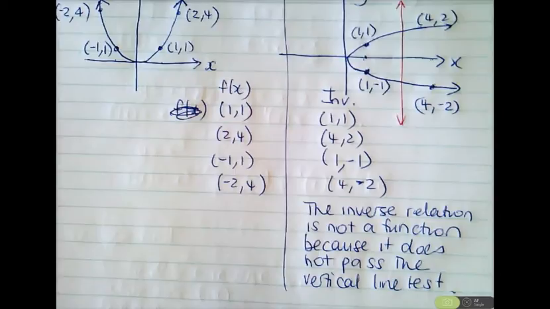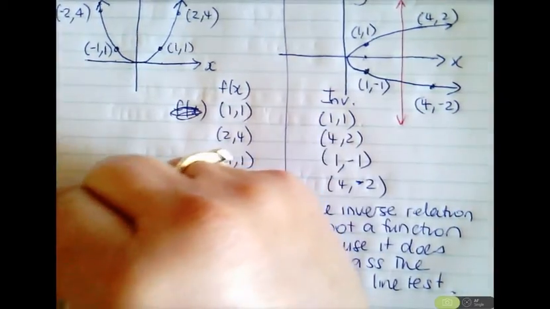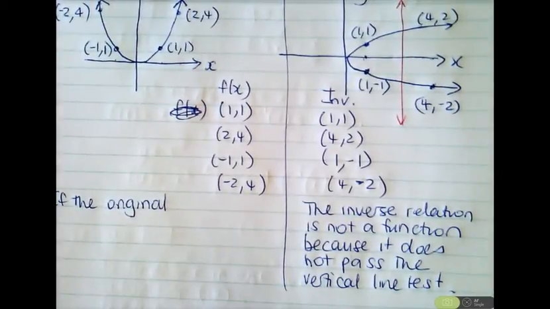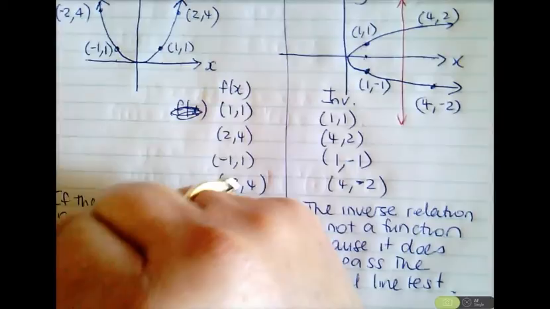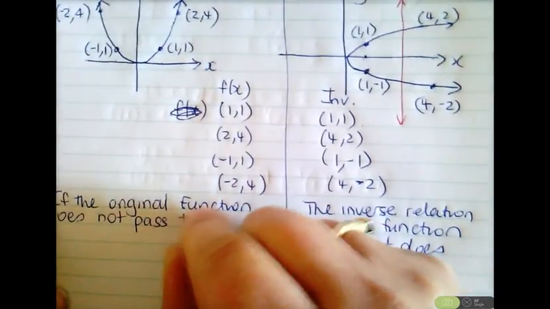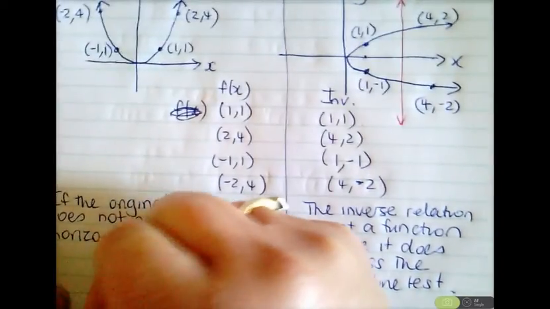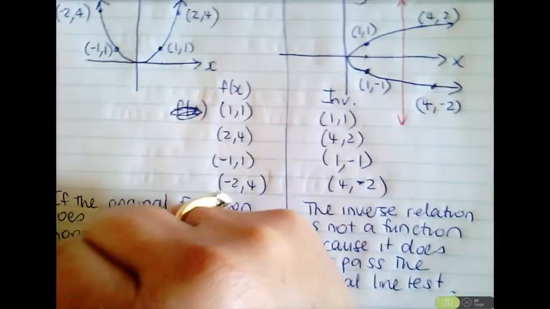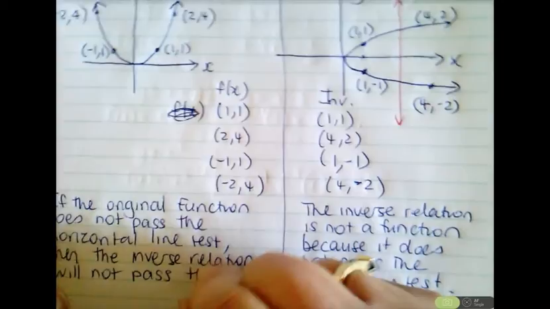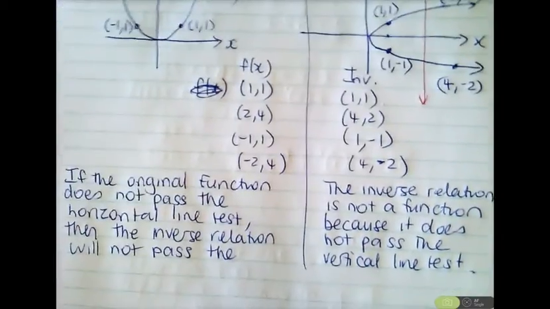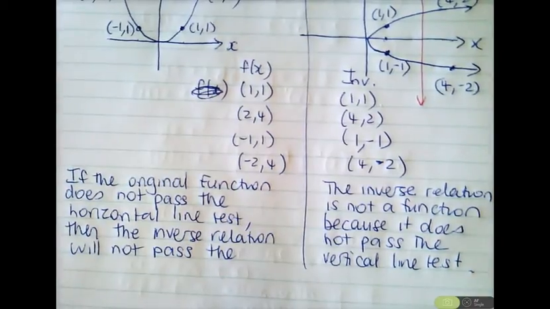So instead of drawing the original function, drawing the inverse relation and then deciding, if the original function does not pass the horizontal line test, then the inverse function or inverse relation will not pass the vertical line test.